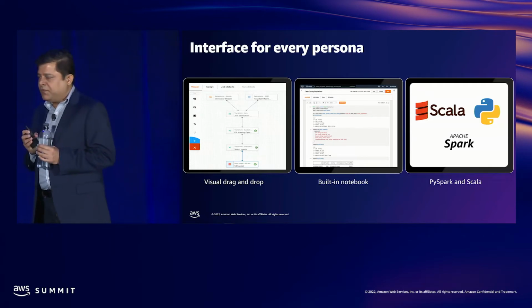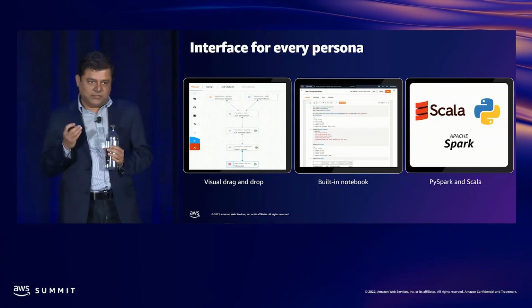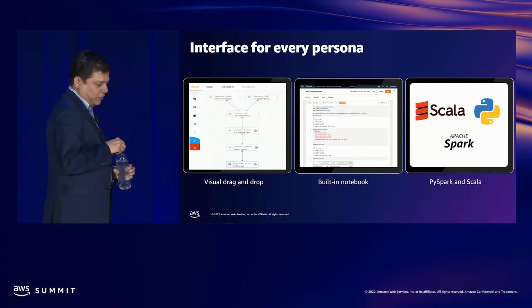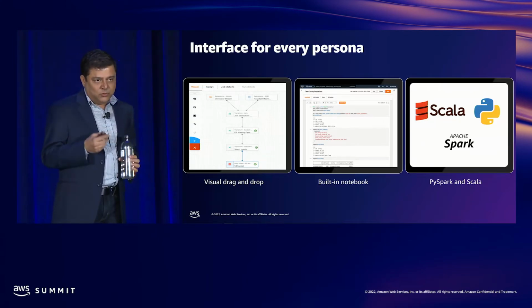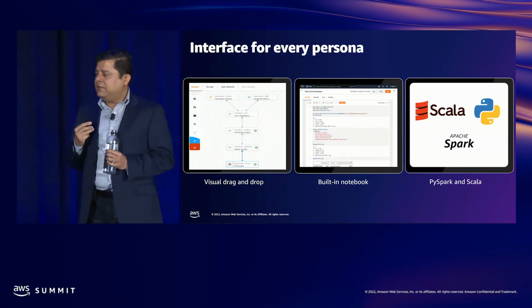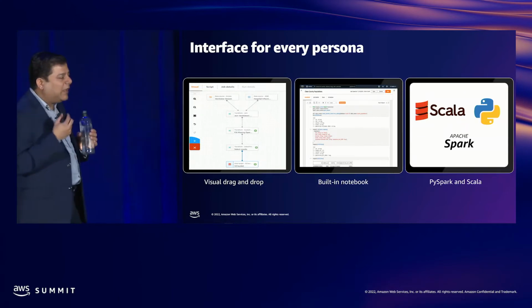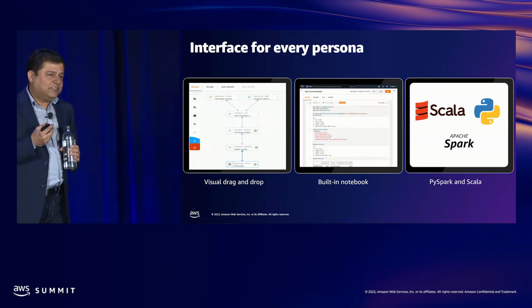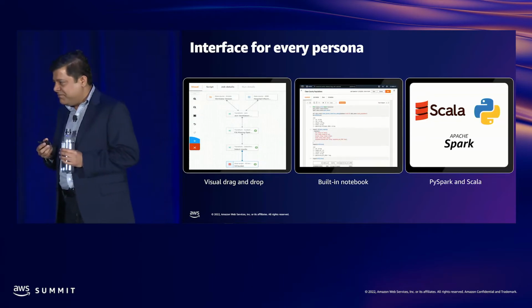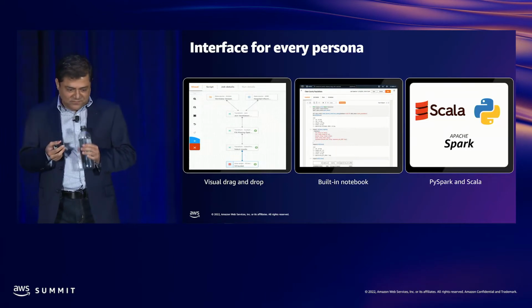In the background, whether you have authored your jobs through the Visual Tool, whether you have authored or uploaded your own script, or you have written this through a Notebook, Glue converts those jobs into a very scalable query plan. It converts it for the most optimized execution and delivers it on the massively parallel execution engine.